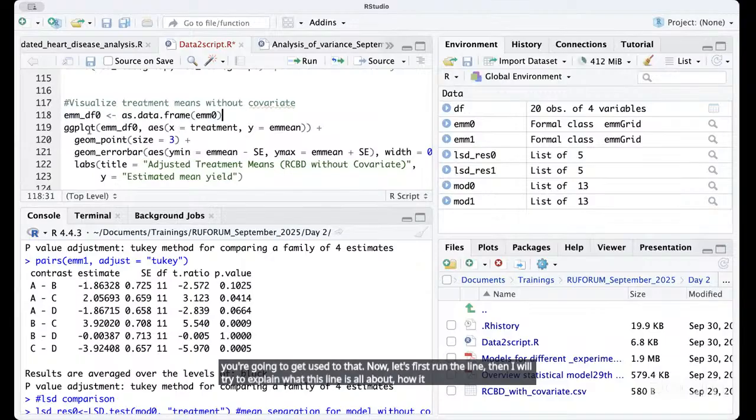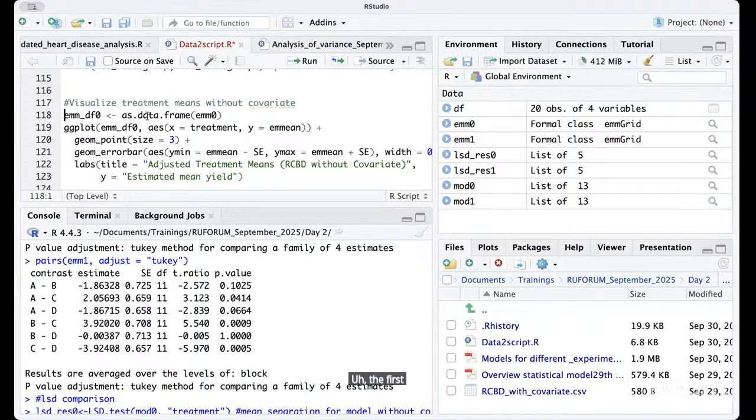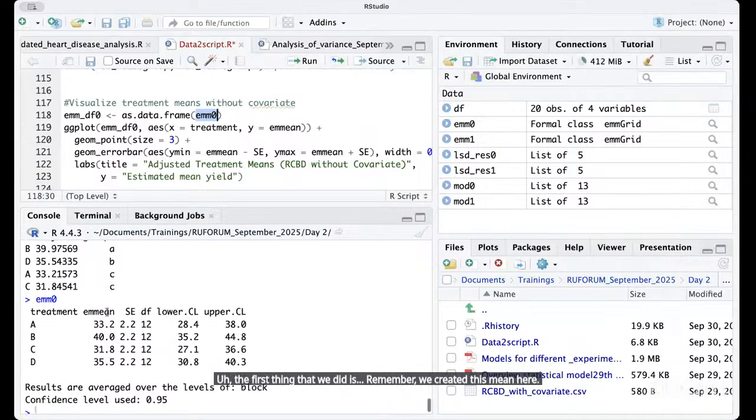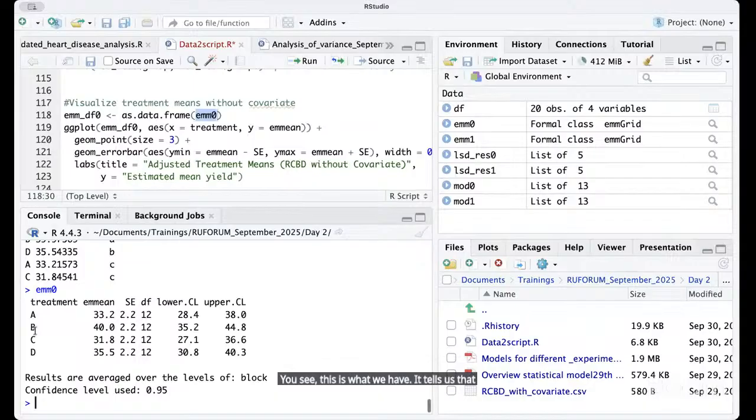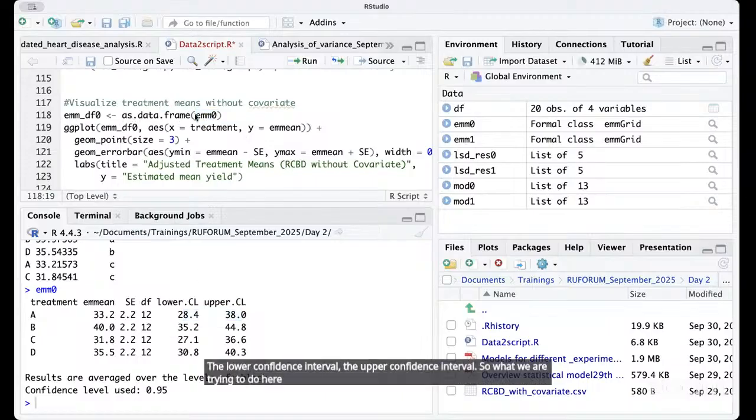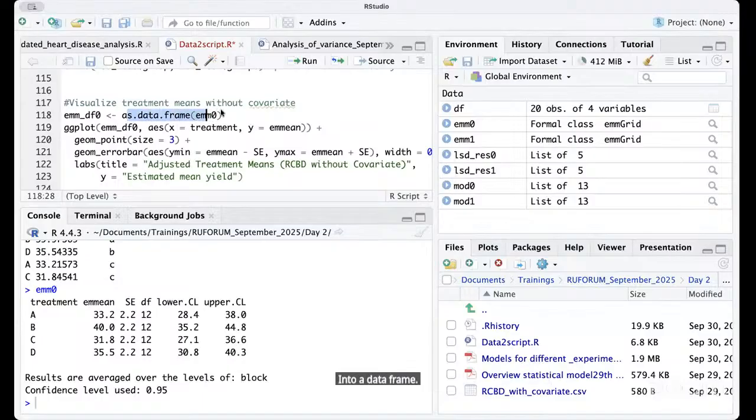So you can see from here, the first thing that we did is, remember we created this mean here. It tells us the mean for A, for B, for C, and it gives you the lower confidence interval and the upper confidence interval. So what we are trying to do here is convert this into a data frame, and we are creating a new object.